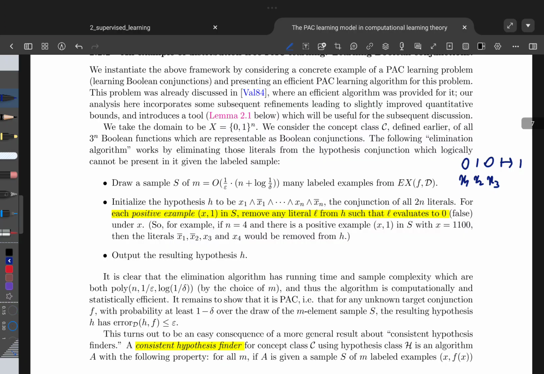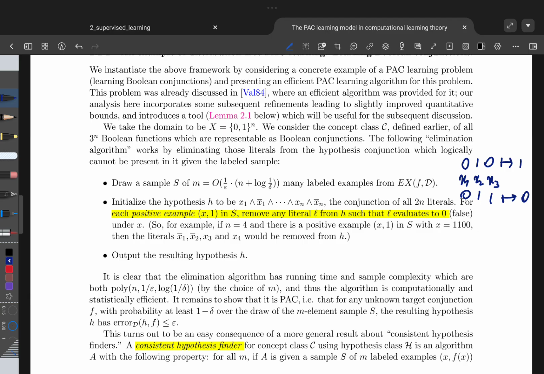So basically the idea is similar. If you observe any particular positive sample, then you can successively eliminate some of these literals which give an evaluation of 0, right? So for example, suppose 0 1 0 gives you 1, and now let's say that 0 1 1 gave you a 0.